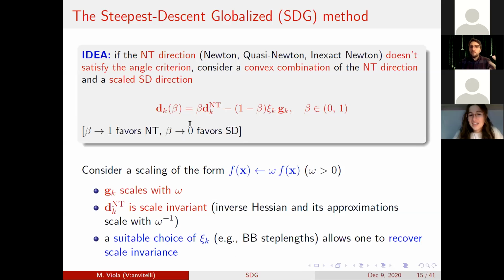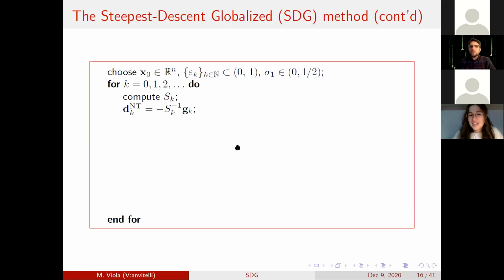So we take this direction. What do we do? At each step, supposing we have a starting point x0 and a sequence of values for our threshold on the angle condition, we compute the matrix xk, which can be whatever you want. We compute the Newton type direction, and then we check: is the angle criterion satisfied? If so, we take the Newton type direction.